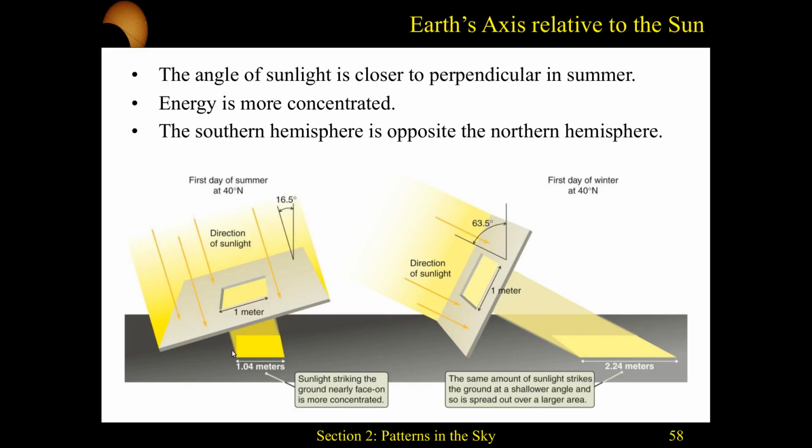Think of any of you who were cruel as kids, using a magnifying glass and setting leaves on fire. Right? You've got a lot of energy concentrated in a small space. Things get warmer. Now we have that same amount of energy spread out over a wider area. You don't get to be as warm. You start to cool off and you experience wintertime.